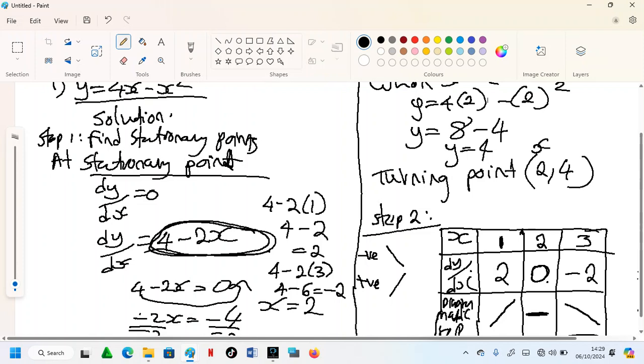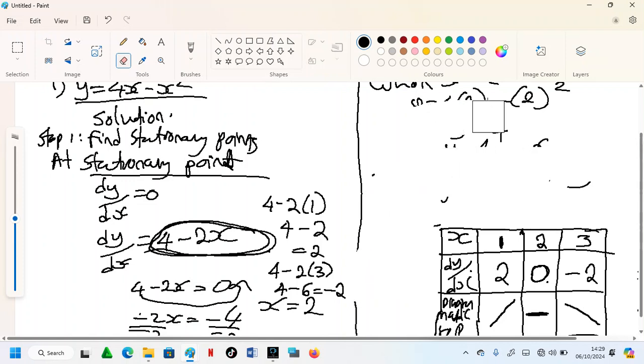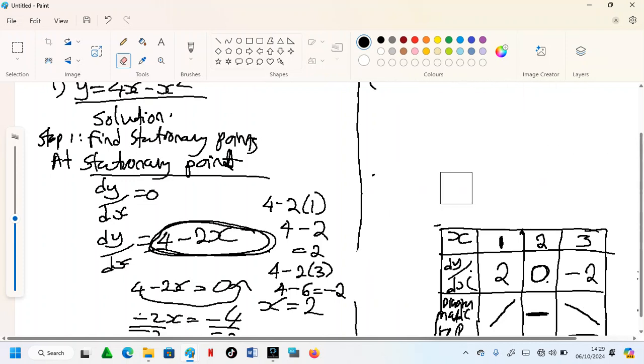With that, we can conclude the nature of the stationary points. What is the nature of our stationary points? Just take a second to answer, and then we'll confirm. The nature is a maximum.